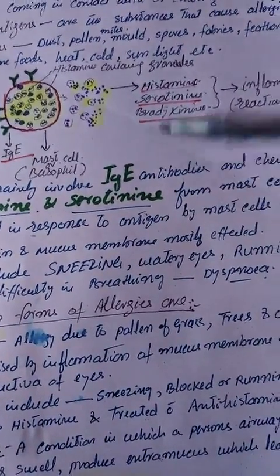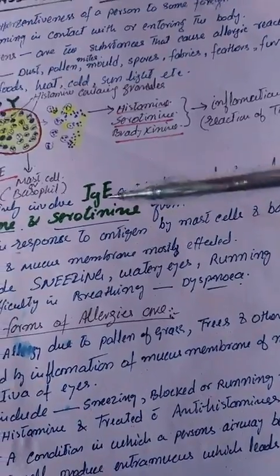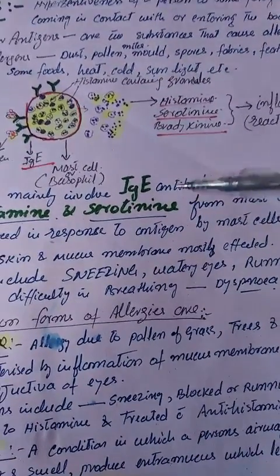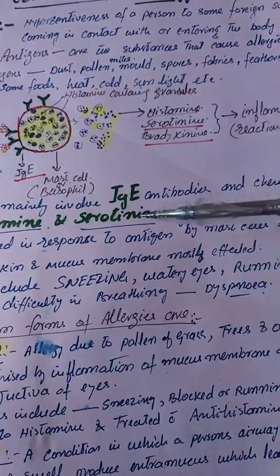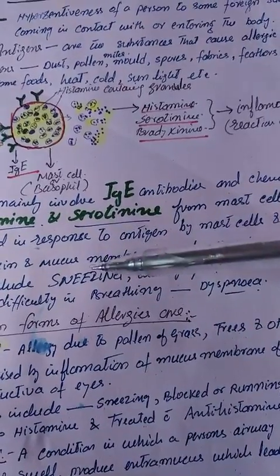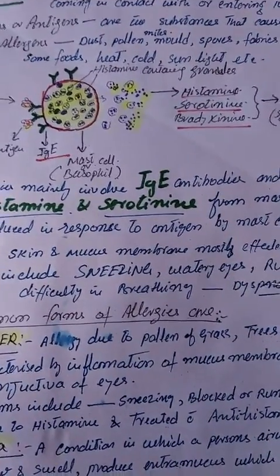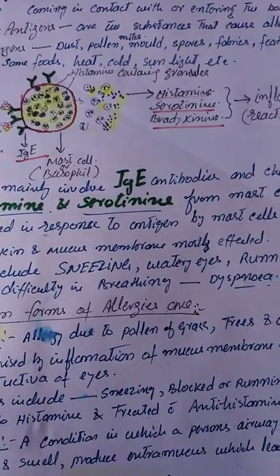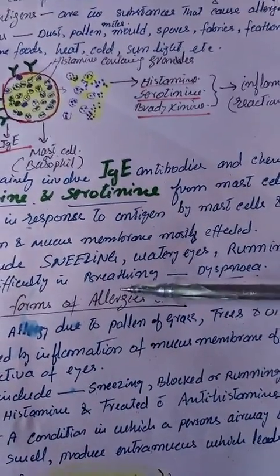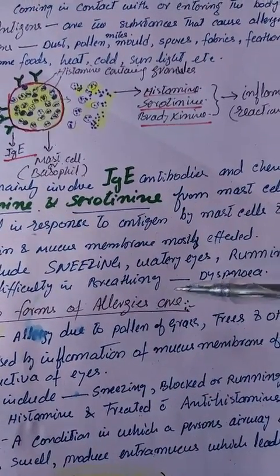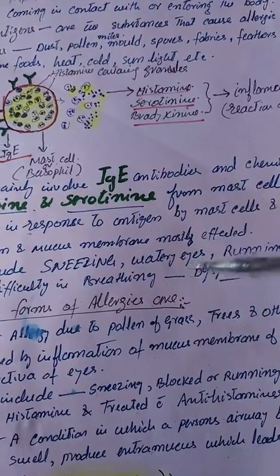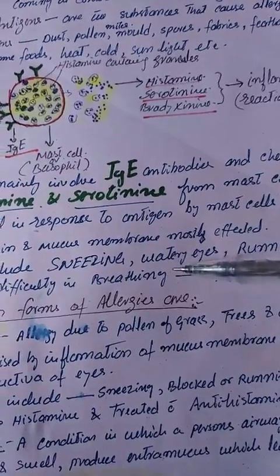So far as the symptoms are concerned, the skin and mucous membrane are mostly affected. Therefore, the common symptoms include sneezing, watering eyes, a running nose, and difficulty in breathing, which is also called dyspnea.